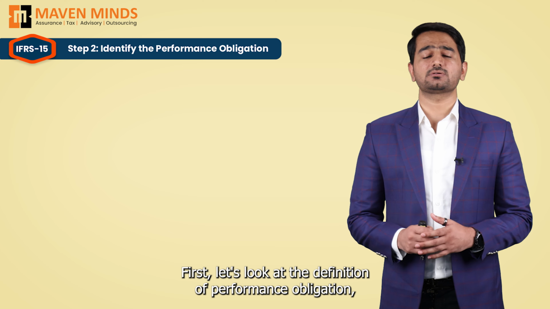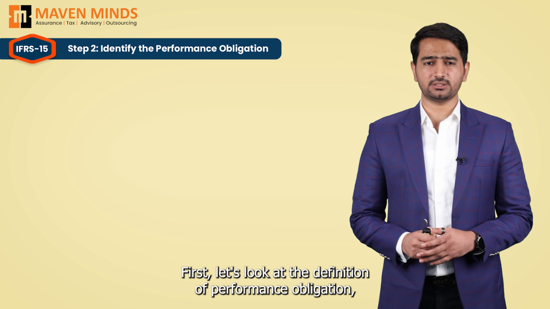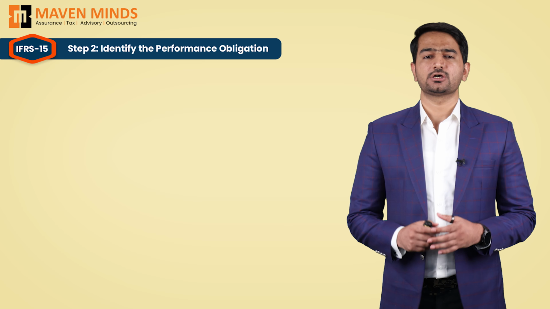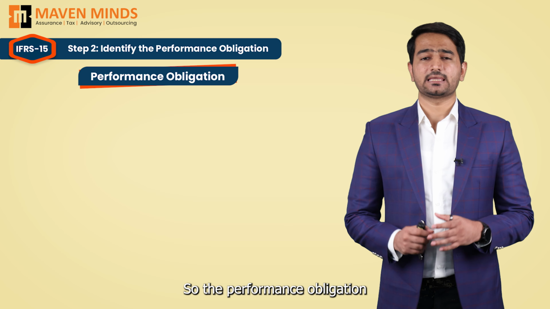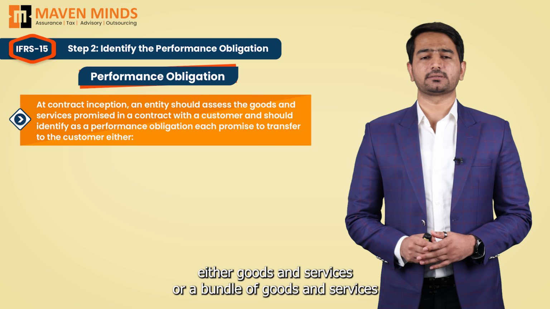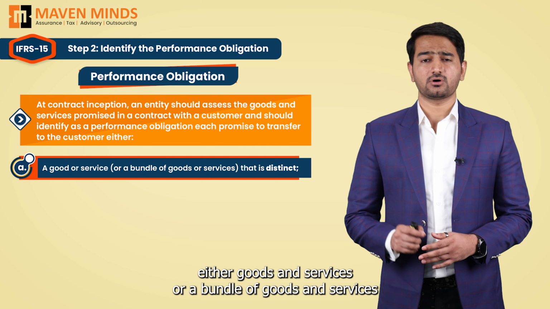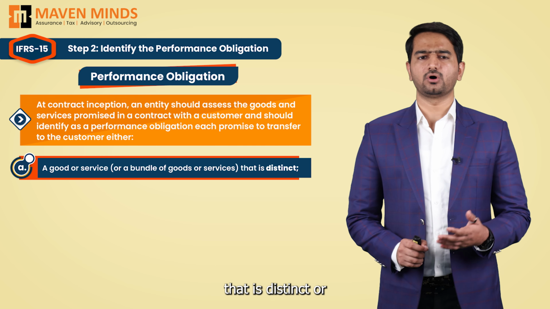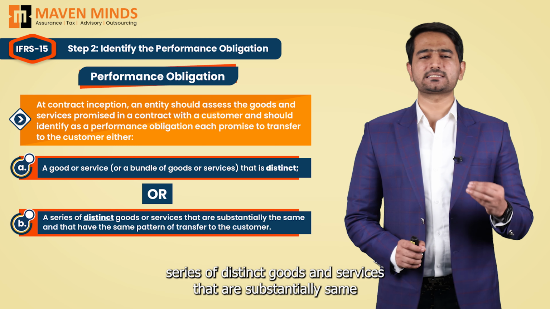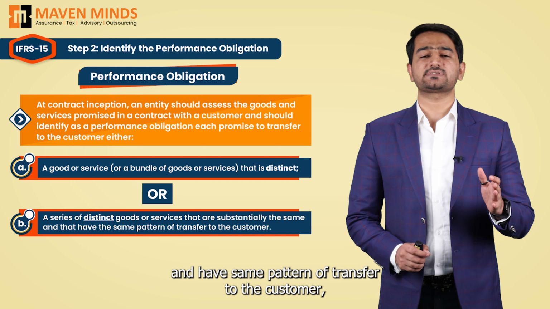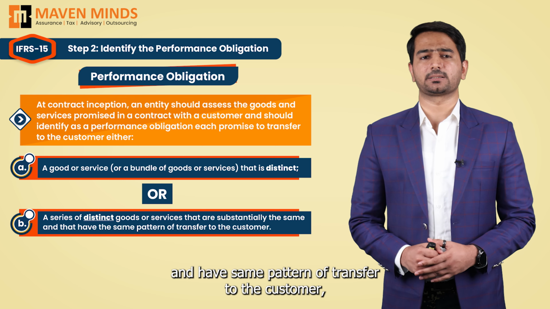First, let's look at the definition of performance obligation, and then we will discuss the term distinct. So the performance obligation is a promise to transfer to the customer either goods and services or a bundle of goods and services that is distinct, or series of distinct goods and services that are substantially same and have same pattern of transfer to the customer.